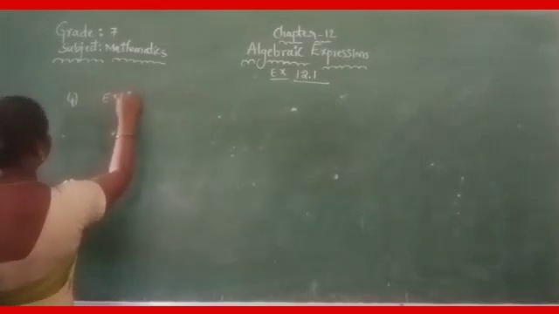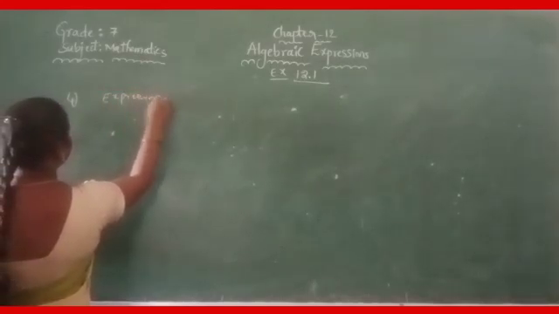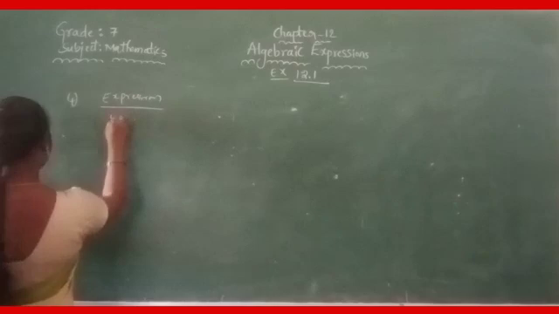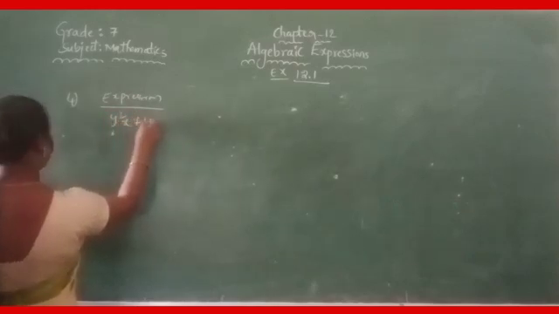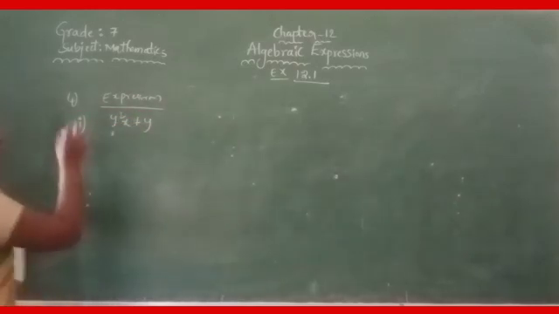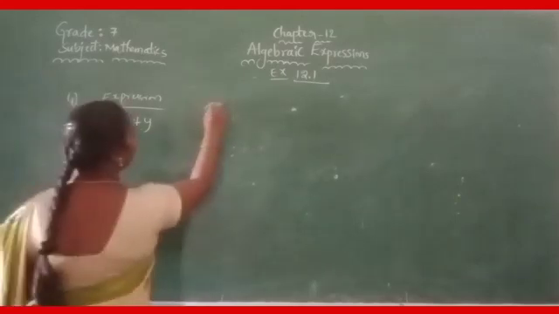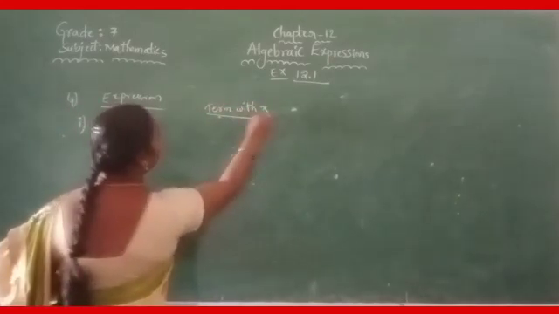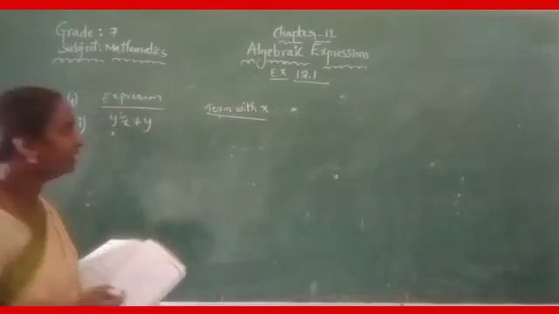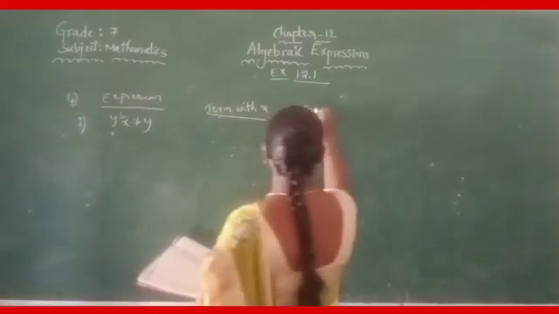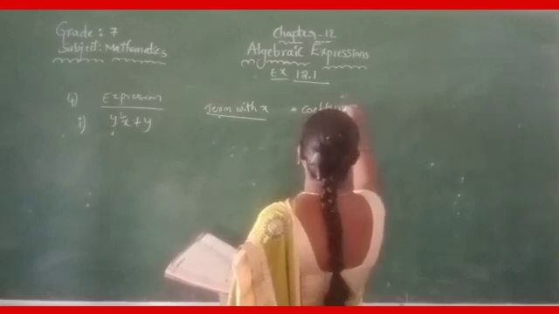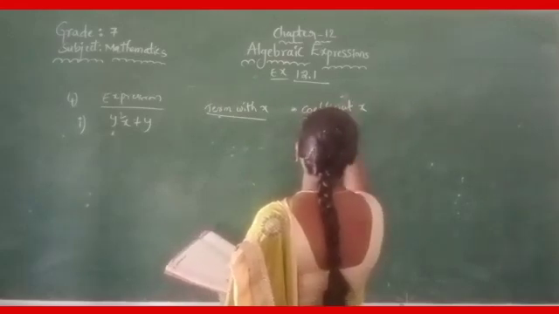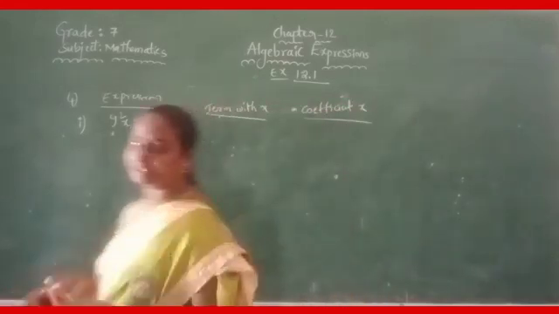First write the given expression. The given expression is y square x plus y. Here we have to write the term with x, which term contains the x variable, and the coefficient of x. That x is multiplied by which one? What is the factor?